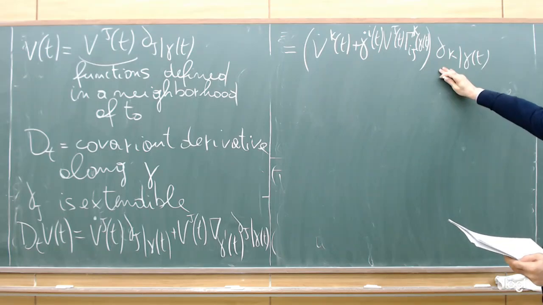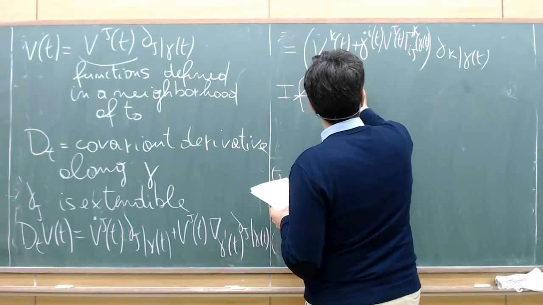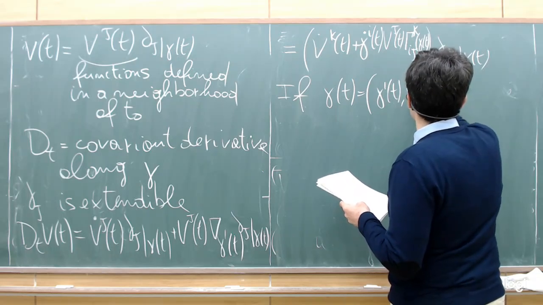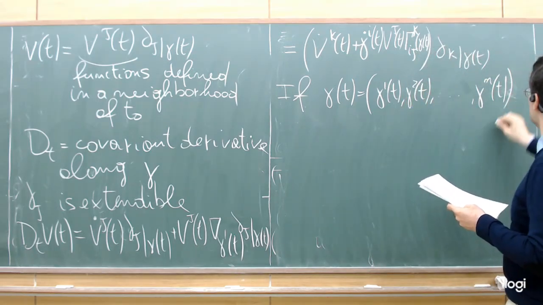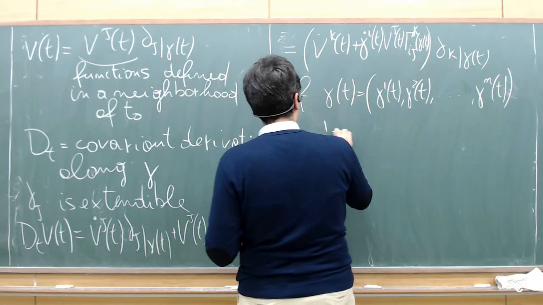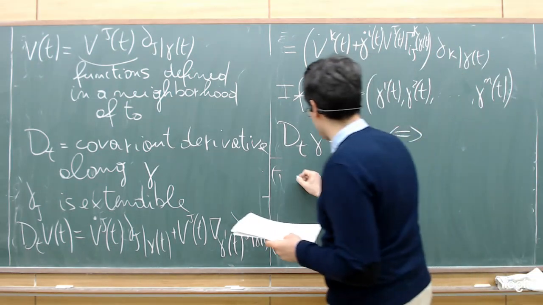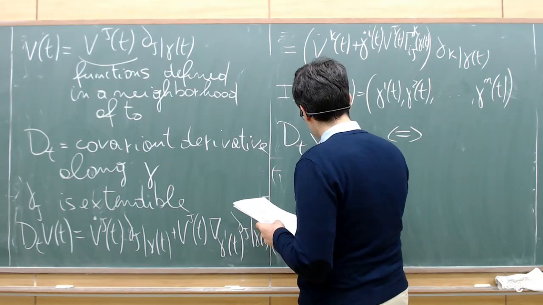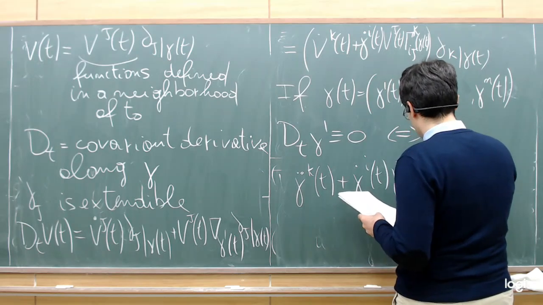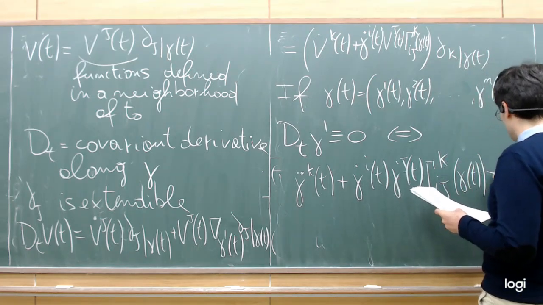Why do we recall this formula? The reason is that if gamma(t) can be written as gamma 1(t), gamma 2(t), gamma n(t) in coordinates, then the condition D_t gamma prime identically equal to 0 translates to gamma dot dot k(t) plus gamma dot i(t) gamma dot j(t) Gamma^k_ij at gamma(t) equal to 0.